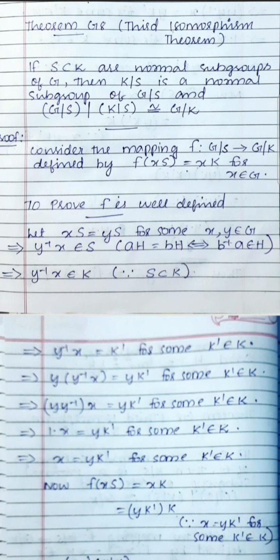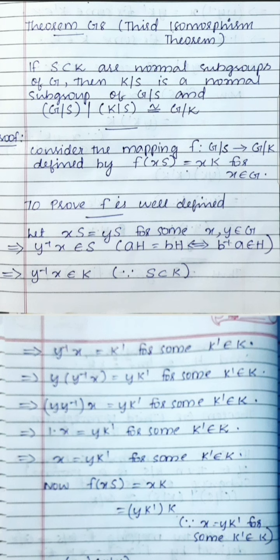For proving isomorphism, we need to have three things. First, we need to prove the function is well defined. Next is homomorphism, one-to-one and onto. If all these conditions are proved, then we can say it is isomorphic.